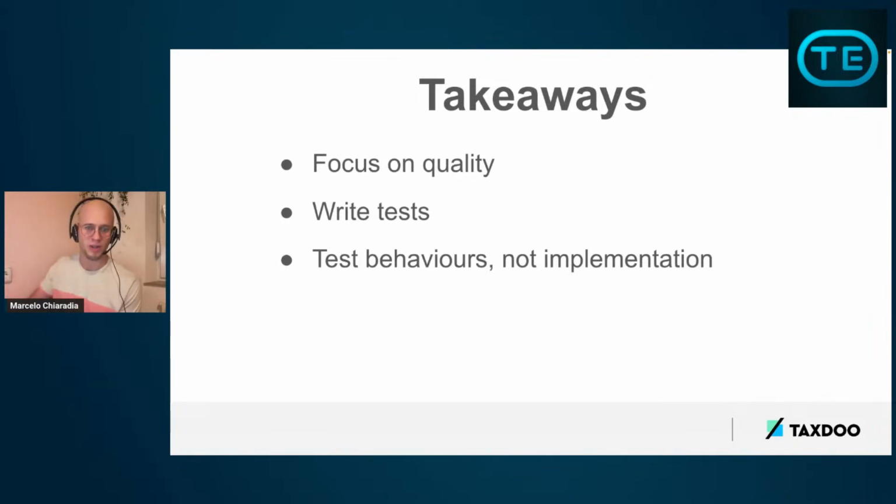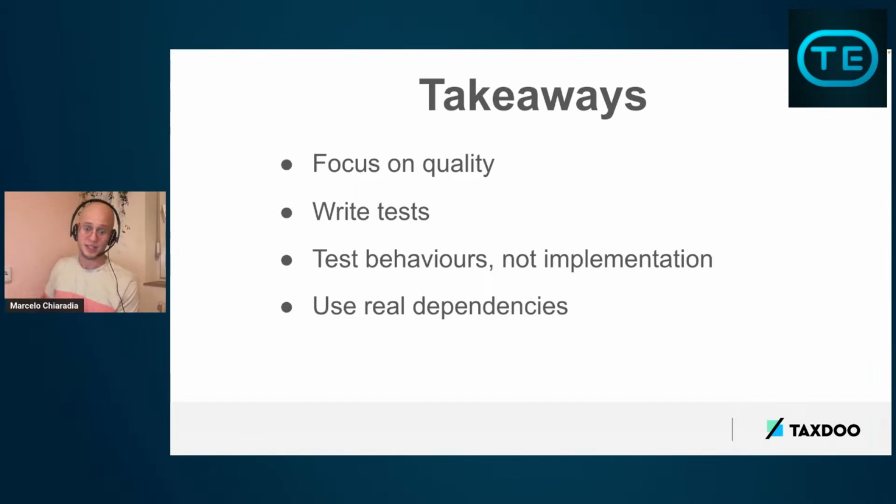This is just not what you want, because then you cannot refactor, and your code base is going to get worse and worse every time. Just try to test behaviors and follow a black box approach as much as you can. I can guarantee you as well that you're going to end up having way fewer tests in this sense. So this is good advice to follow, in my opinion.